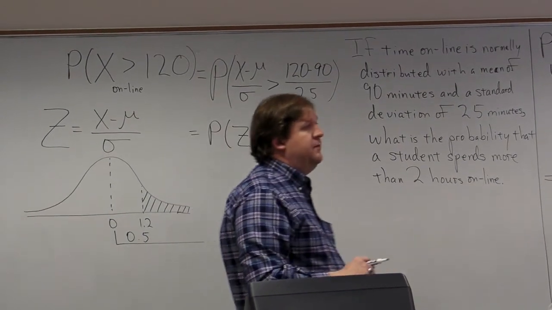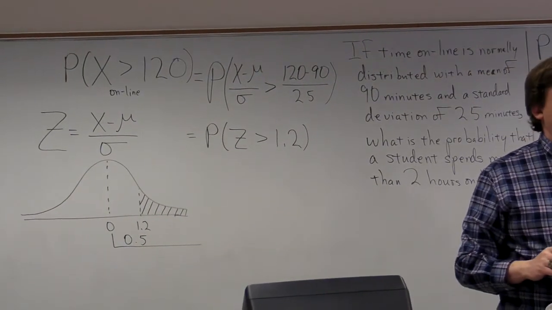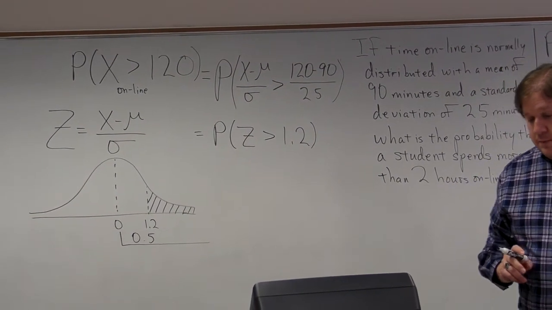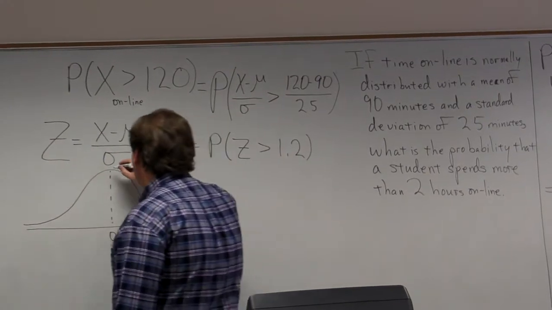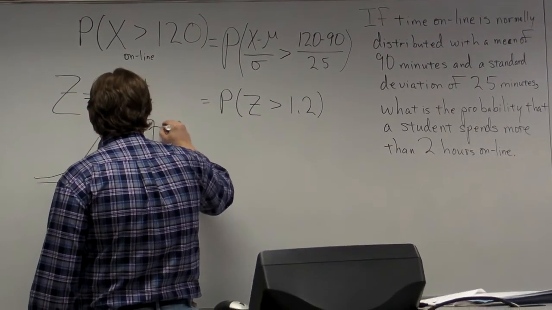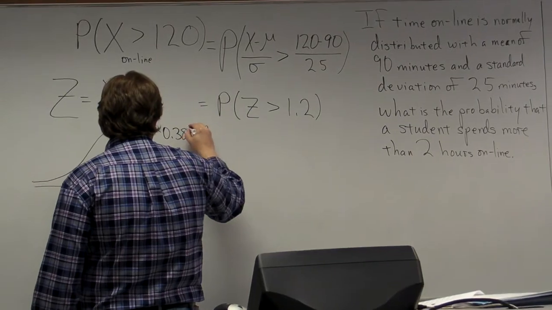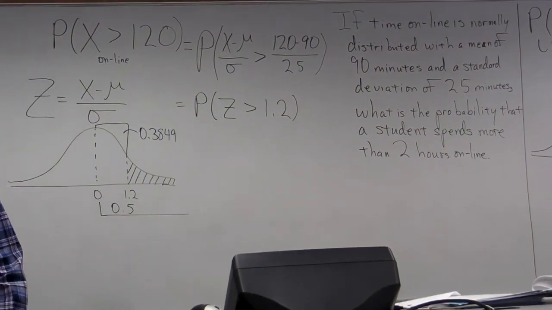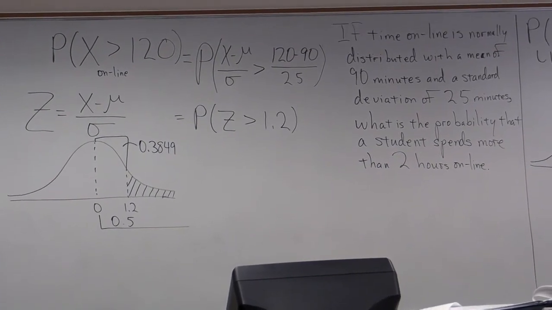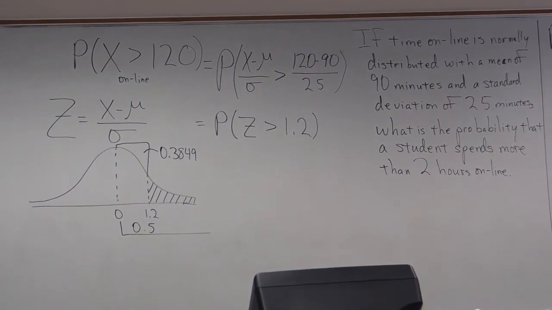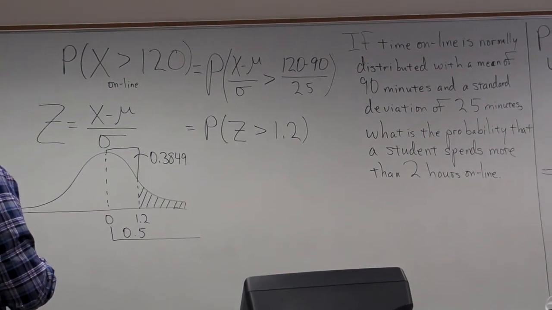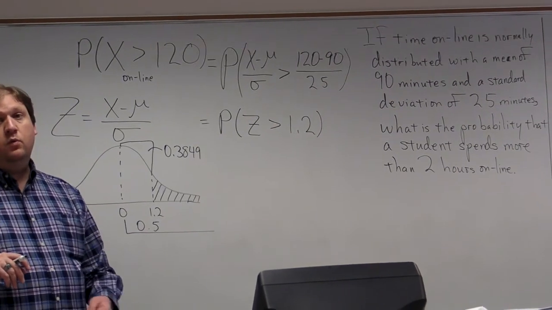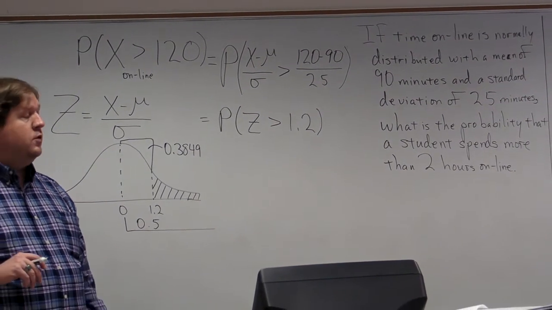We know the area above 0 is 1/2. Again, we know that through symmetry. If we look up 1.2, we find the area between 0 and 1.2 by using our z-chart is 0.3849. So I look up 1.20 in my z-chart and find that it's the equivalent of 0.3849.